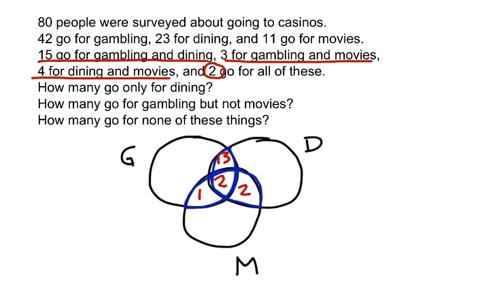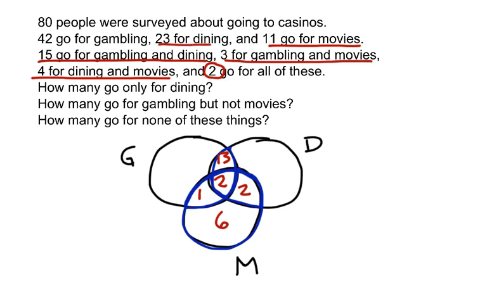All right, I am told that 11 go for movies. So inside my movies circle, I need to have a total of 11 people. So far, let's see, I have 1, 2, 3, 4, 5, which means I need 6 more to have 11 inside my movies circle.